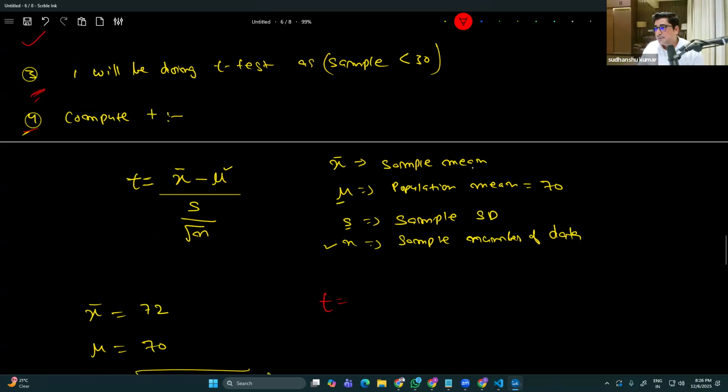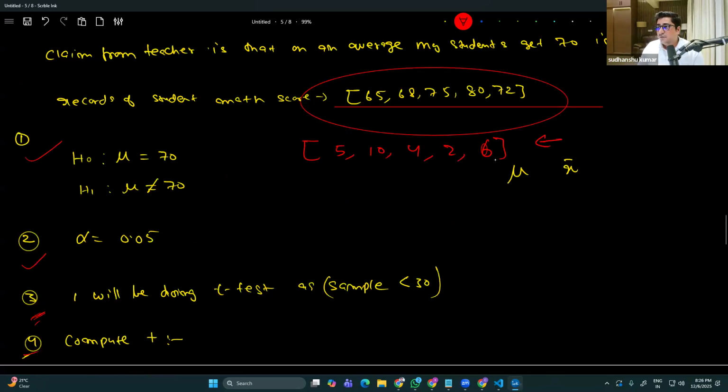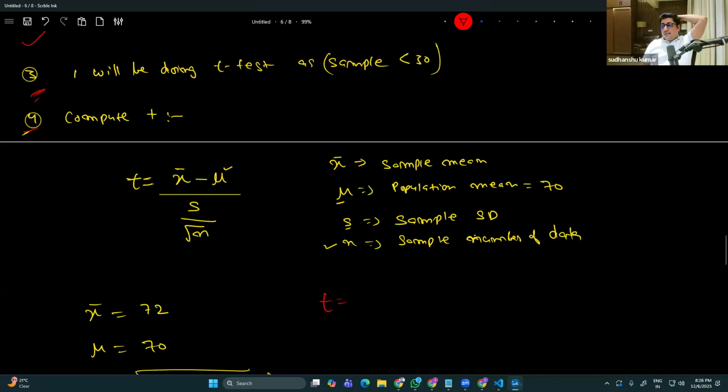Quickly, guys. This is the data: 5, 10, 4, 2, 6. Do the math. Give me the t value. This is the t formula. Calculate the sample mean, then the standard deviation; n we already have, it's 5, and mu we already have.